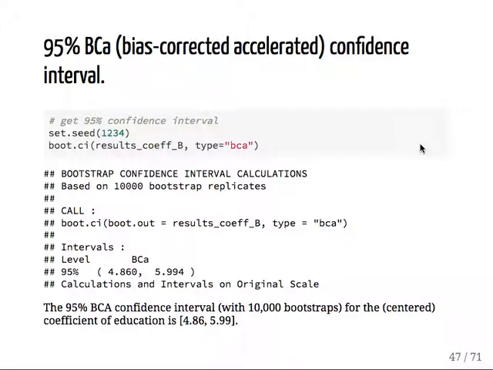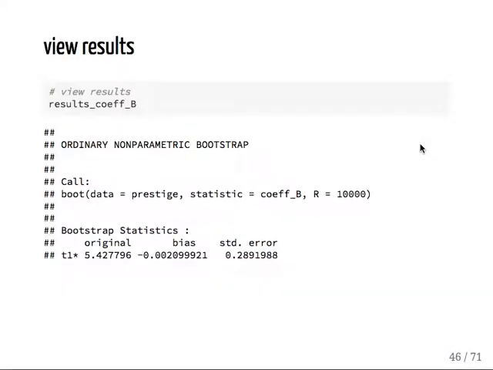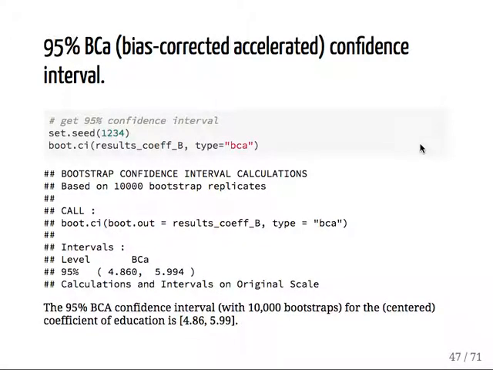But if you want to make it 100% replicable, you also put set seed in here. You can see that that 5.42 coefficient has a 95% confidence interval. If you don't say which other ones you want, by default it gives you the 95% confidence interval. It has a 95% bias-corrected accelerated confidence interval going from 4.86 to 5.99.